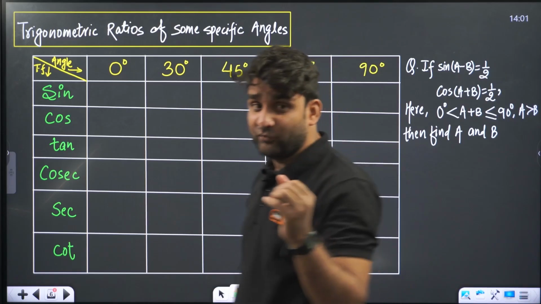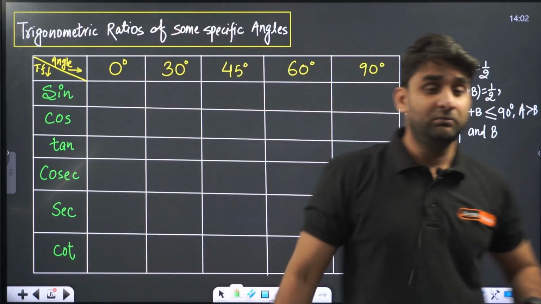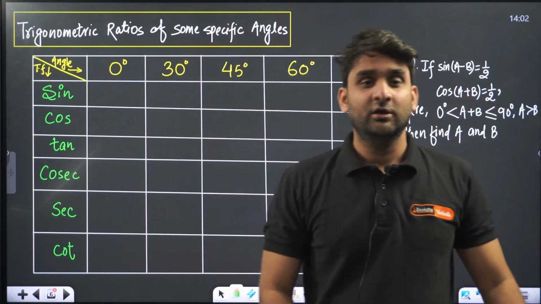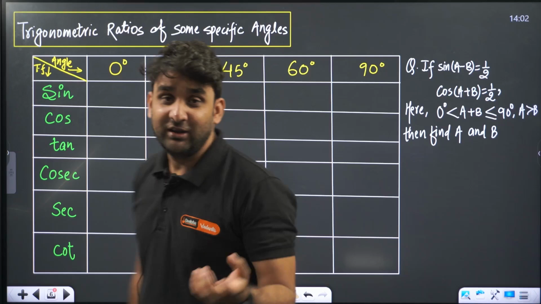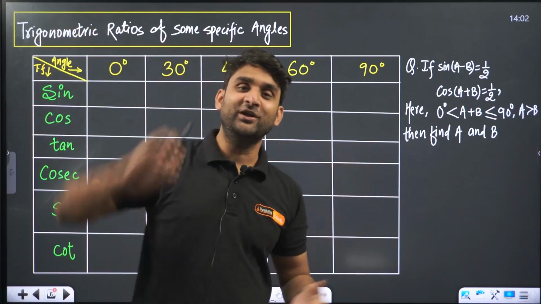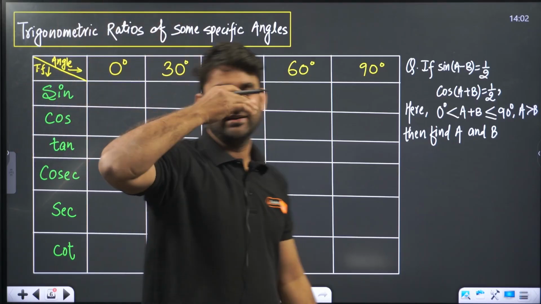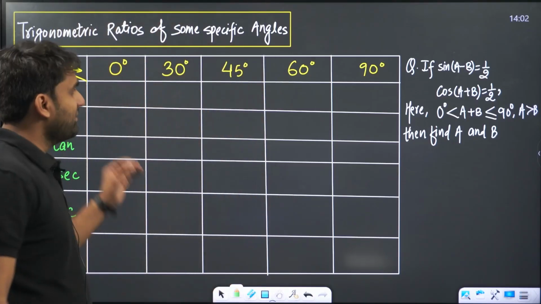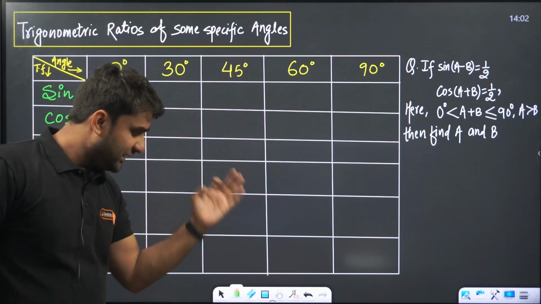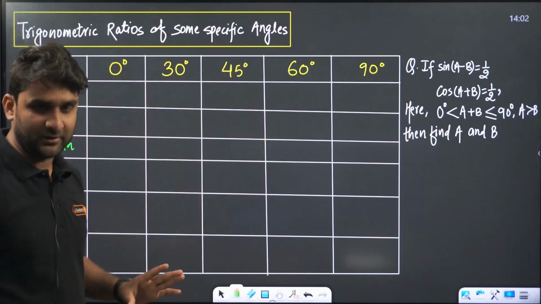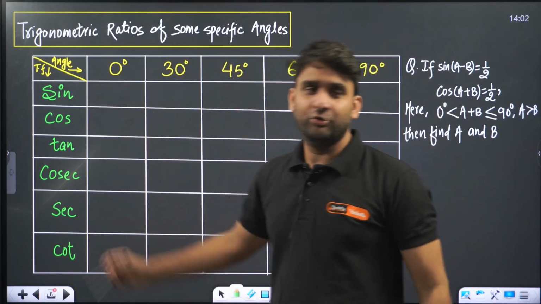In class 11th, we will be dealing with bigger angles beyond 90: 120 degree, 135, 180, 270, 360 degree, 720 degree, 1260 degree. That will be discussed in class 11th in higher classes. But in class 10th, we have to discuss only these 5 angles. And what are the values of these angles for all these trigonometric functions?